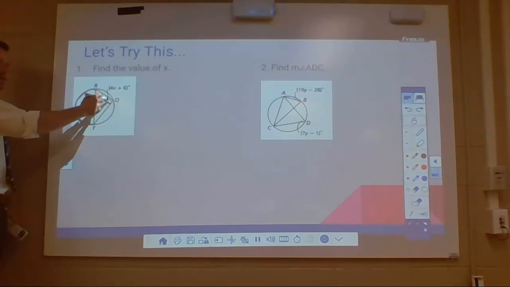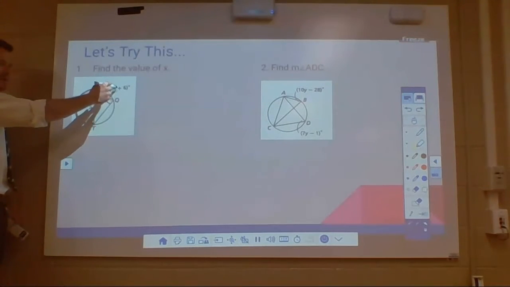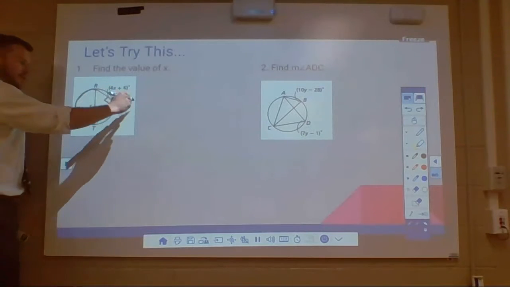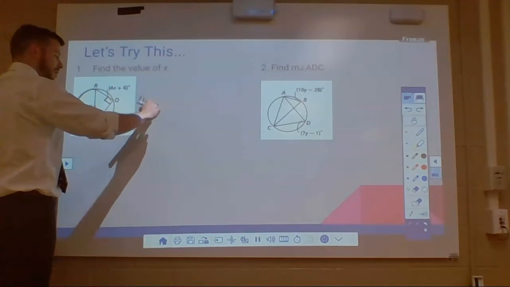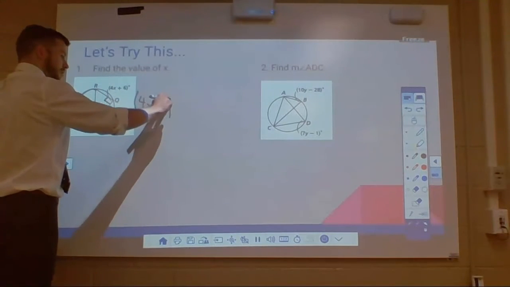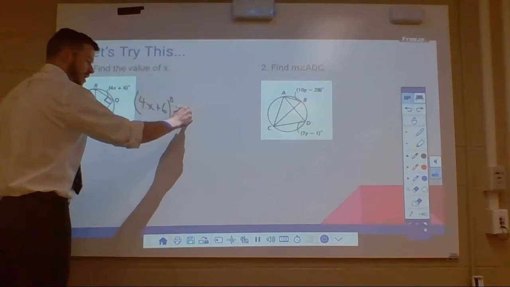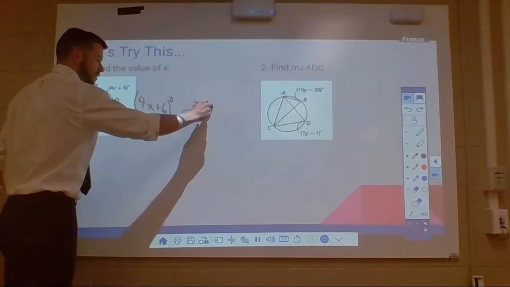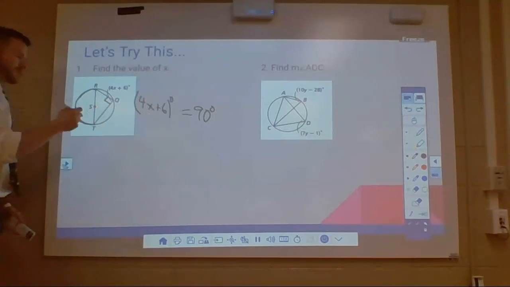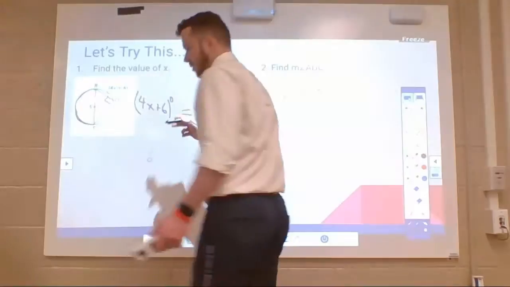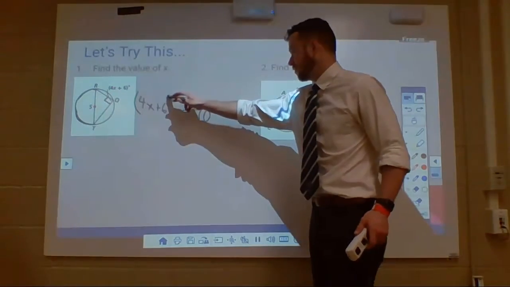Well, we're being asked to find the value of x, right? And we know that this angle is 4x plus 6 degrees. And it's referring to a 90-degree angle. So that must equal a 90-degree angle. So we can just go ahead and get rid of the degree signs here.